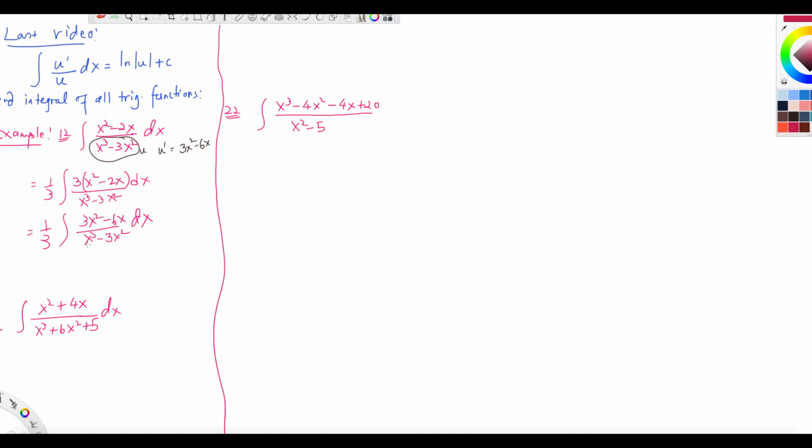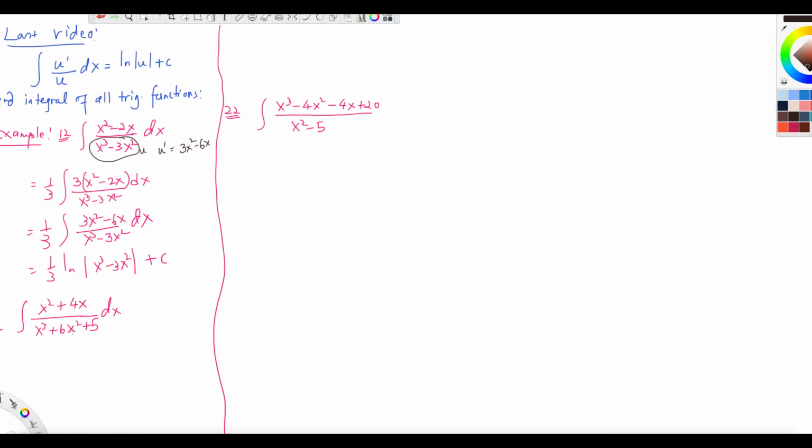So there is a function in the denominator whose derivative is in the numerator. So the final answer will be 1/3 times the natural log of the denominator function, x cubed minus 3x squared, and then plus c. That is the final answer. Okay, guys?